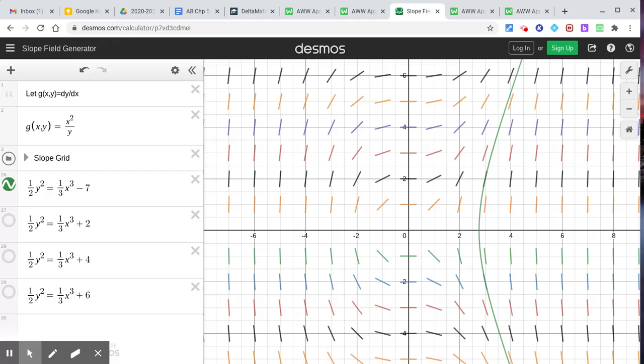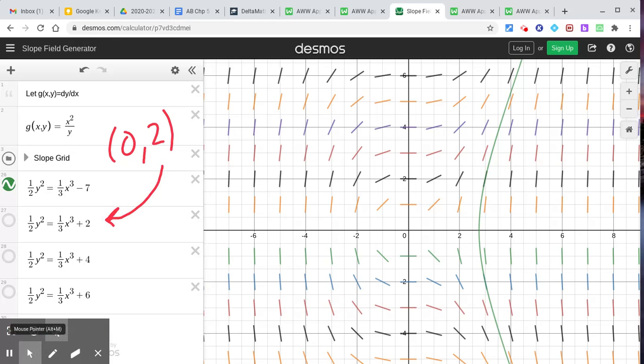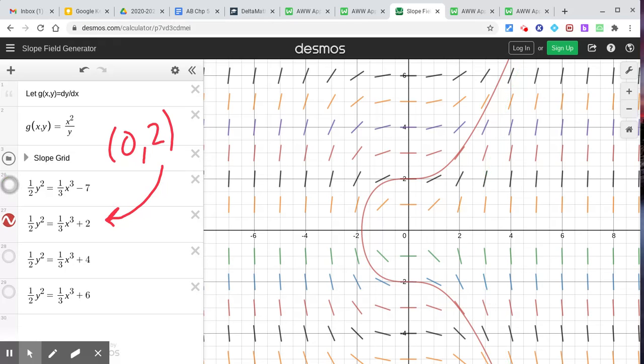Let's try some different values here. What if I tried this through the point, I believe I used 0, 2, and using the point 0, 2 I found the particular solution right here. If I turn that on, I get that curve. Notice it literally goes through the point 0, 2.